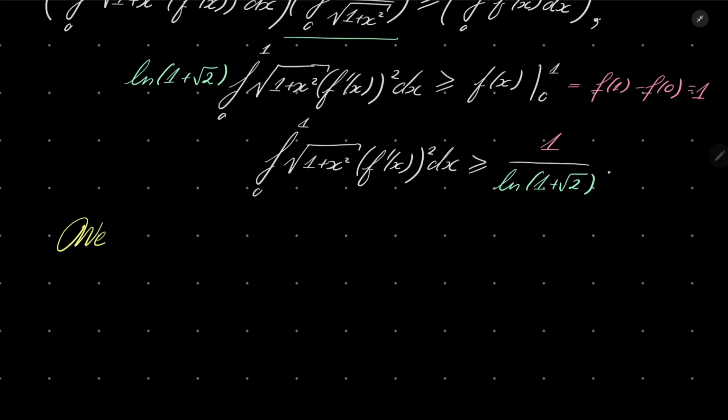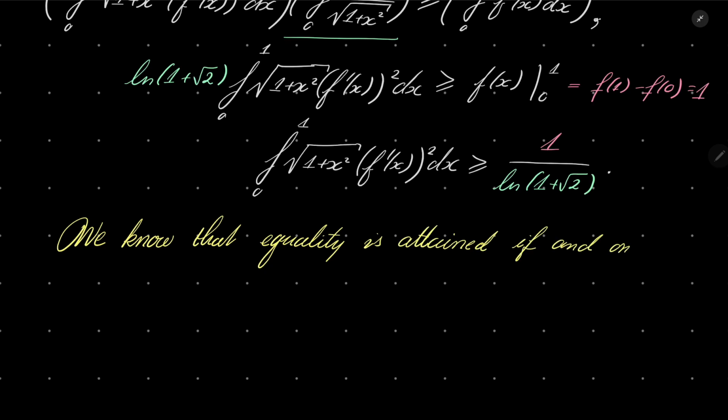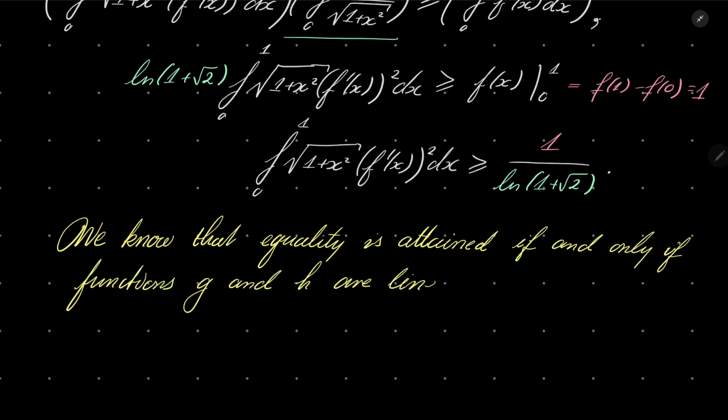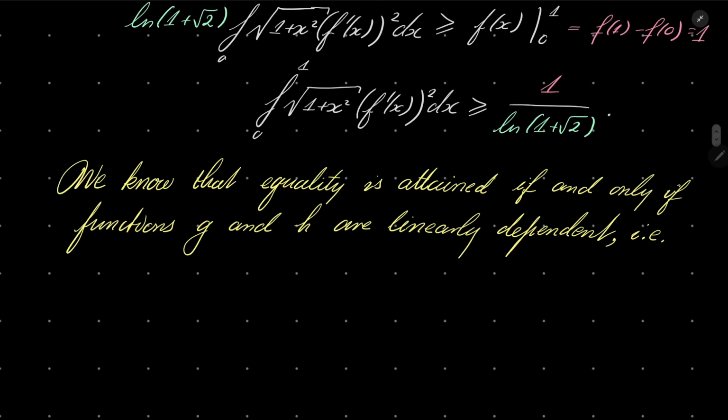We know that equality is attained if and only if functions g and h are linearly dependent, i.e., our function g is some constant a times our function h.